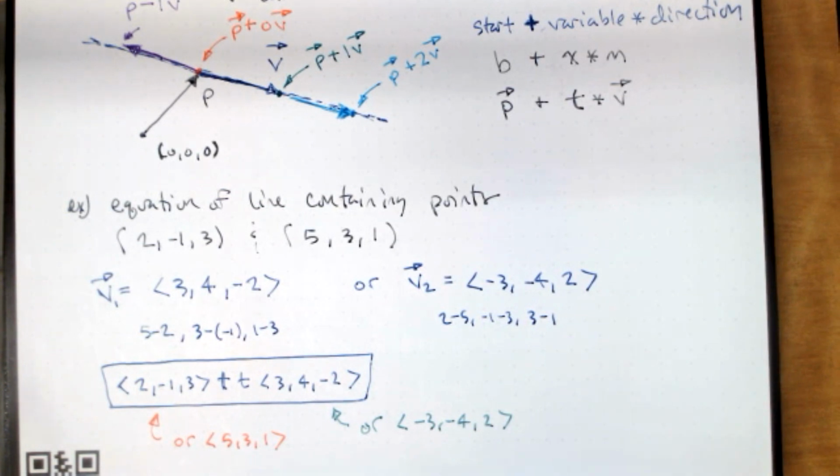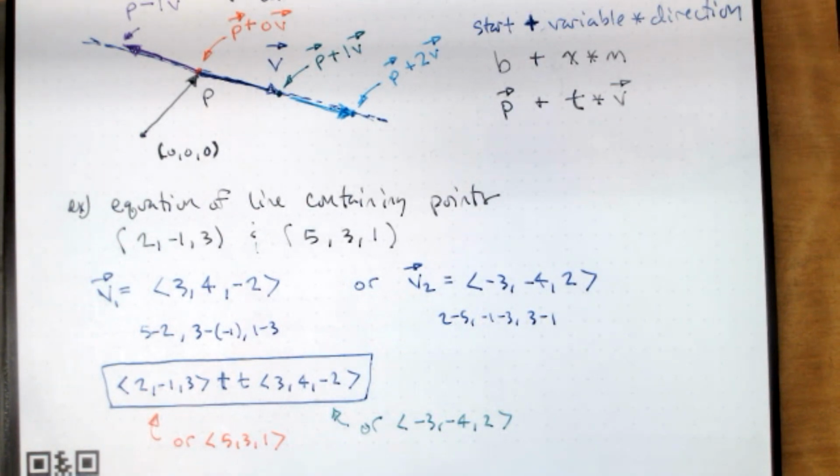The direction vector is just a direction, and we're going to be writing all of the values of t. So I can actually use any multiple of these vectors. I can use any multiple of (3, 4, -2). I can use (30, 40, -20).